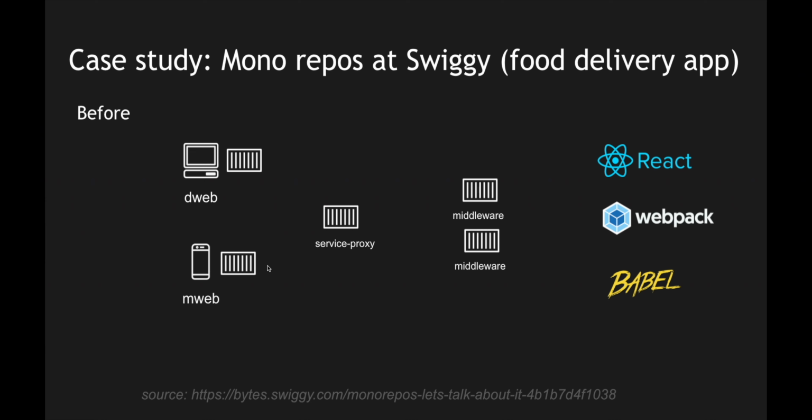In addition to that, managing the dependencies for React, Webpack, and also Babel becomes complicated, because when you keep on upgrading to different versions, you have to keep on upgrading both the repositories, right? So they had to do two different deployments separately, review them separately, and then again test them separately.